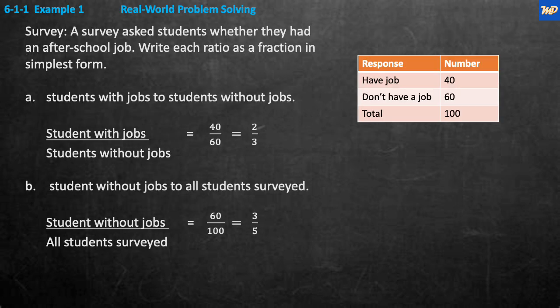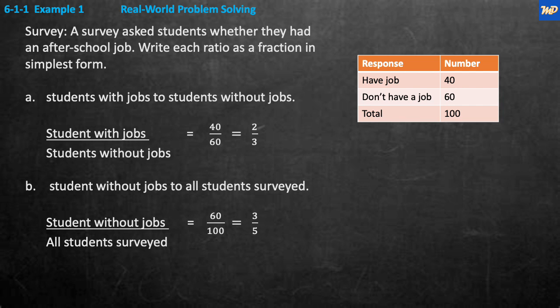Example 1, real-world problem solving. A survey asks students whether they had an after-school job. Write each ratio as a fraction in simplest form. For A, students with jobs to students without jobs. If we look at our chart, 40 students out of 100 had a job, and 60 did not have a job.